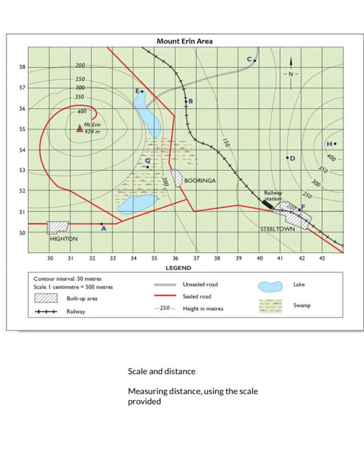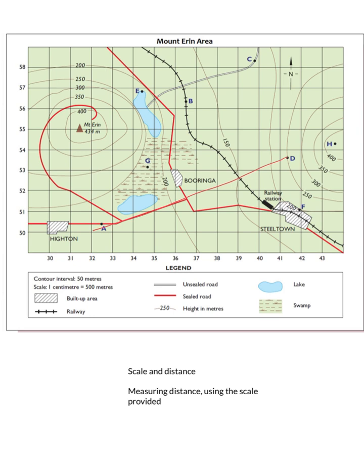So we're going to break down scale and distance, using the information that we've been provided. The first thing we need to look at is the scale here: 1 centimeter equals 500 meters. Each of these boxes conveniently is 1 centimeter in width, which makes our life easy. When we're doing scale and distance, we literally just grab our ruler and measure the distance.